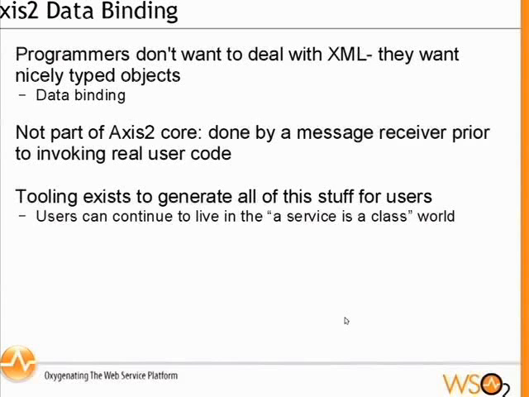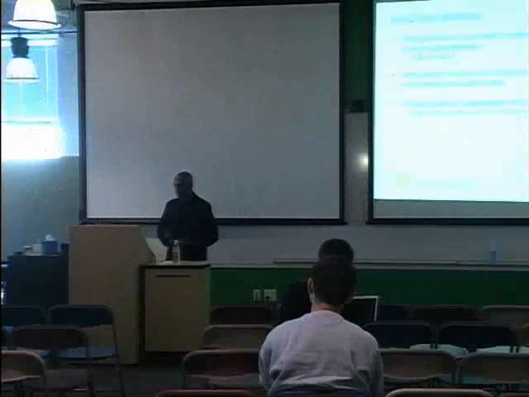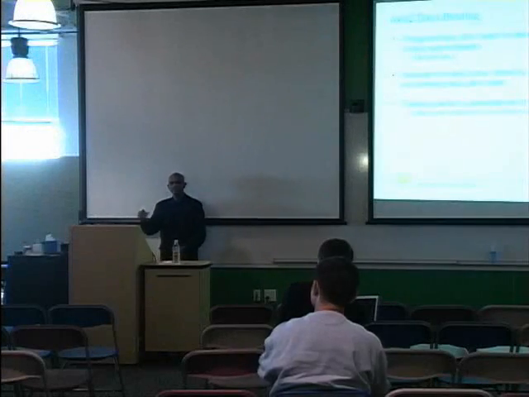So once you get to the message receiver and you're out of the system, if the user wants it data bound, then at that point we map it from the XML infrastructure into a Java class, whatever they have asked us to do, and then hand it over to the application. Typically, this code is generated at development time using the schemas you have in hand, so that makes it very efficient. There's no reflection involved at all in executing it.